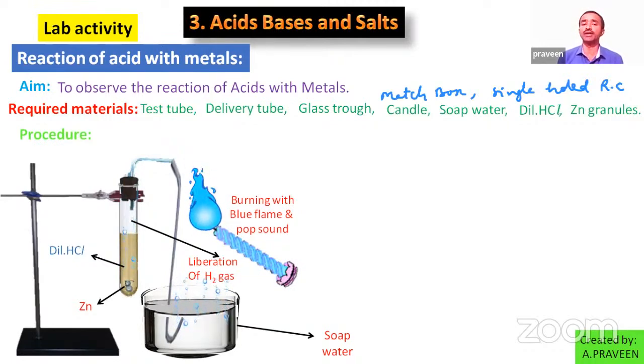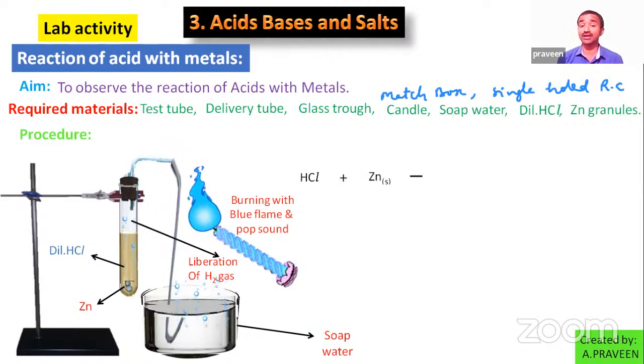So what can we generalize from this activity? The gas liberated from the reaction is observed as hydrogen gas. So we can write the reaction as follows. What we took in the test tube first is HCl. That HCl is added to zinc, which is solid.